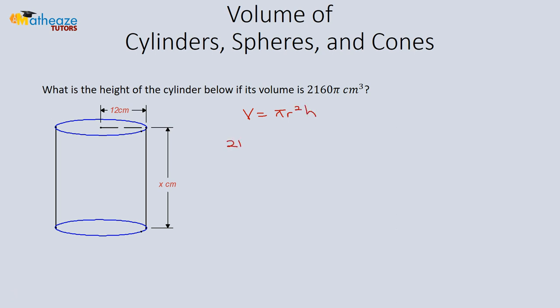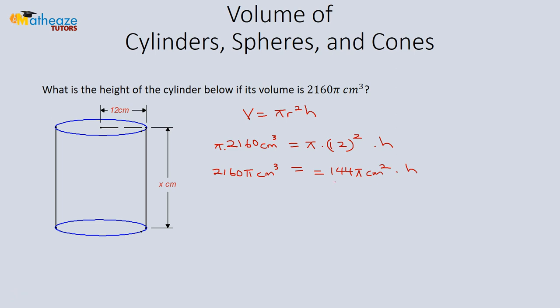So 2160 pi is equal to pi times 12 squared times height, which is 144 pi square centimeters times height.